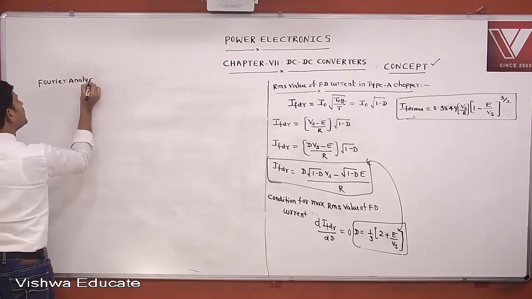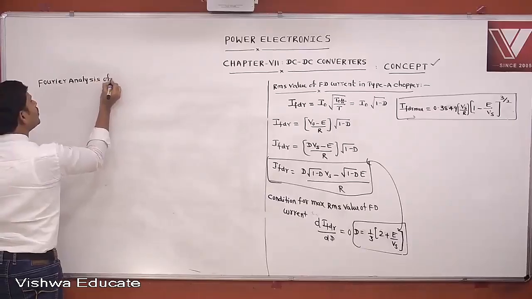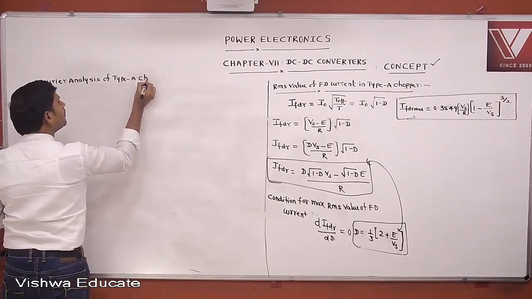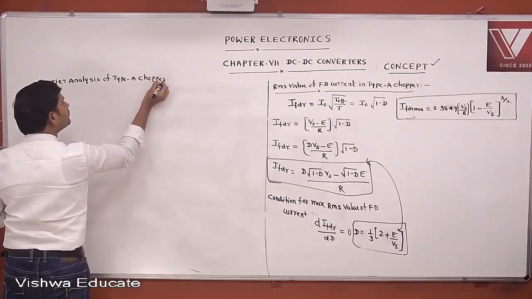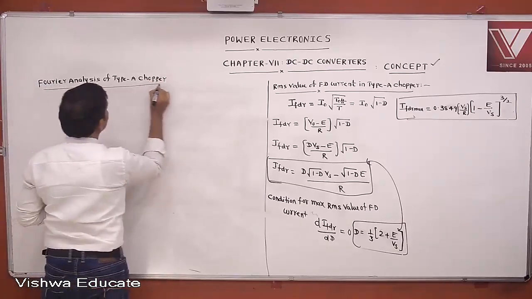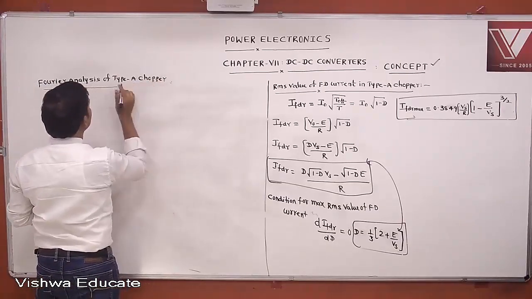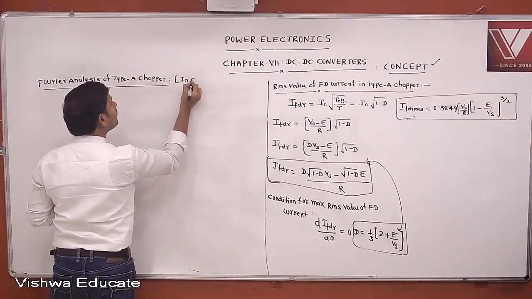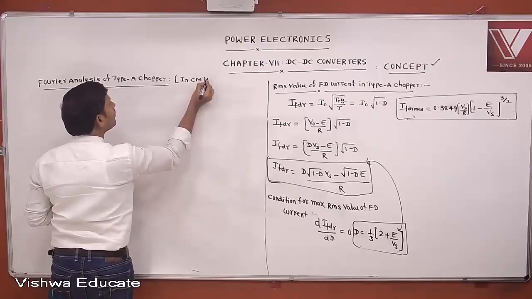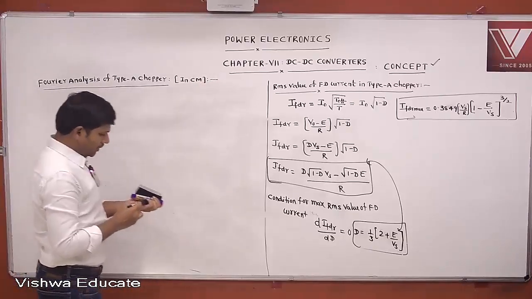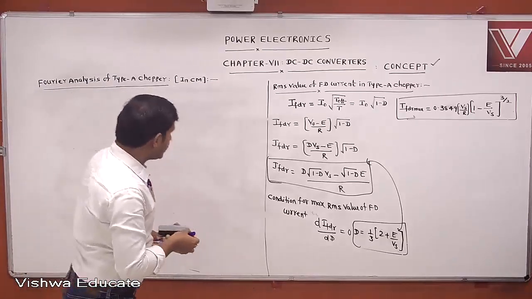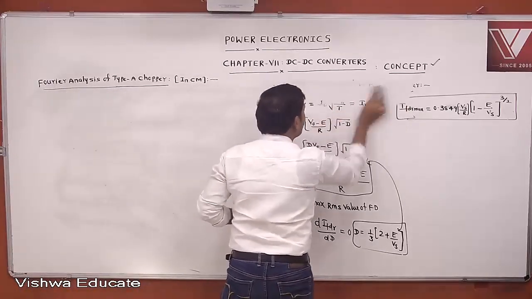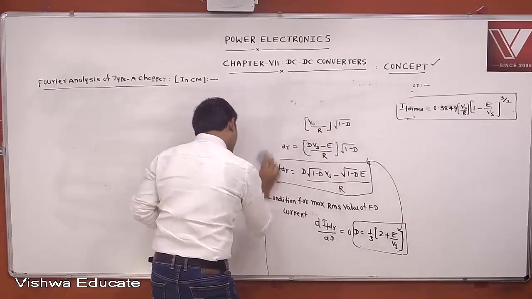Fourier analysis of type A chopper in continuous mode of operation. Listen to this. I have already given the output voltage waveform in the case of continuous mode.